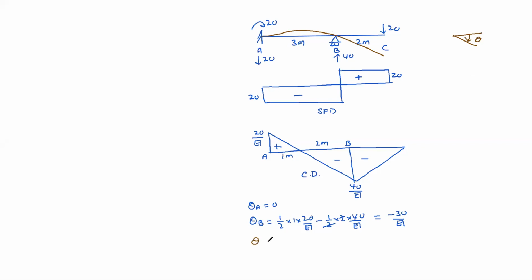Suppose theta C, if you want, minus 30 by EI, already some slope is there at B, then the remaining area, that is minus half into 2 into 40 by EI, equals minus 70 by EI. Okay. Theta at C is minus 70 by EI.